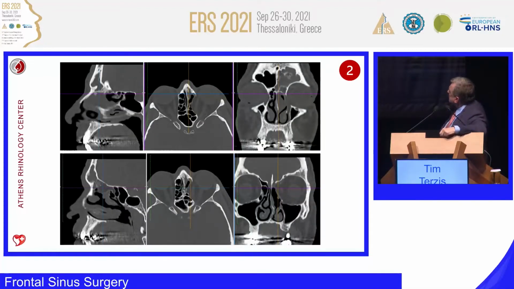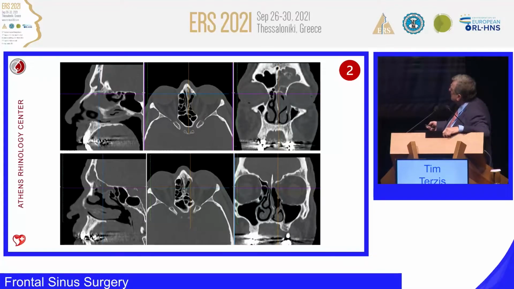And that's the CT scan. So we see the left frontal sinus is obstructed, and we can see the septal body here, quite swollen, no middle turbinate identified on this slide. This is the frontal recess with an agger nasi, and what is this?